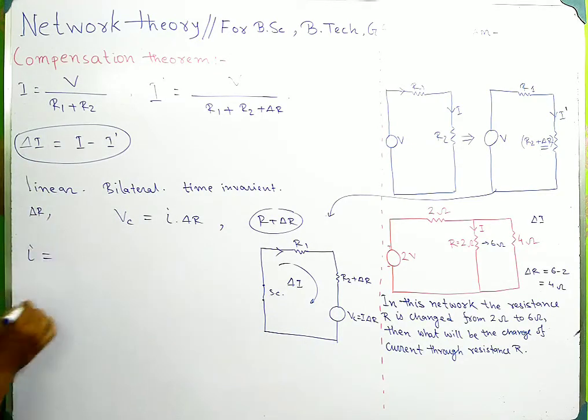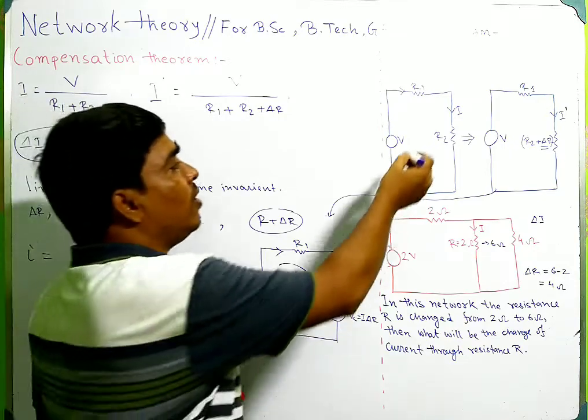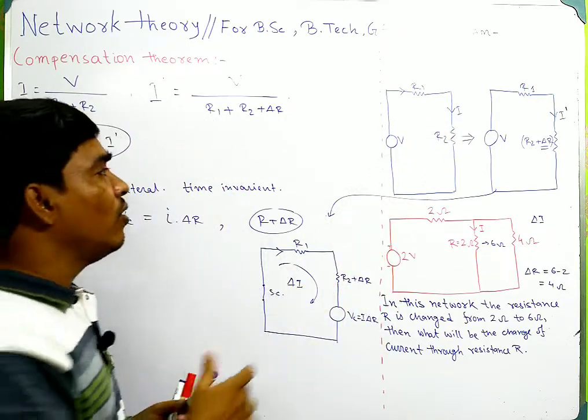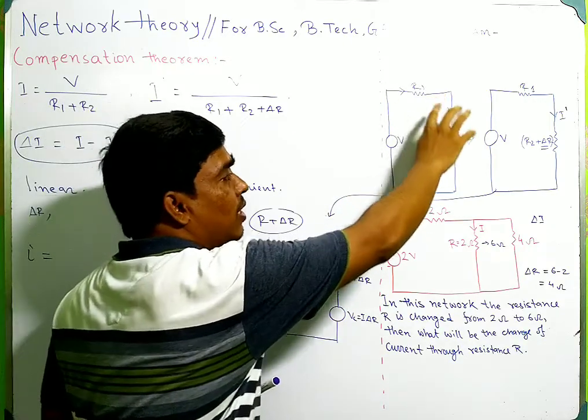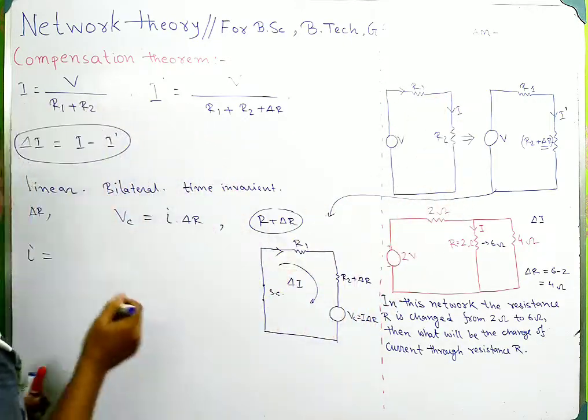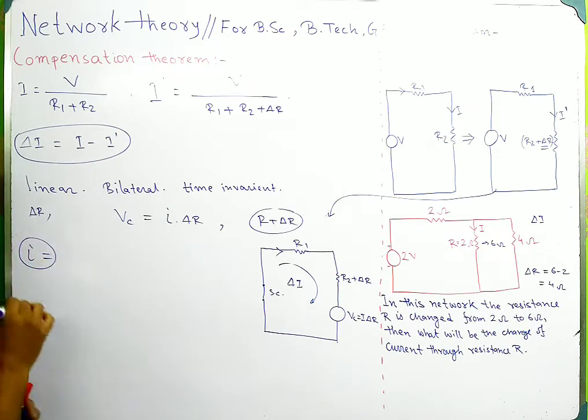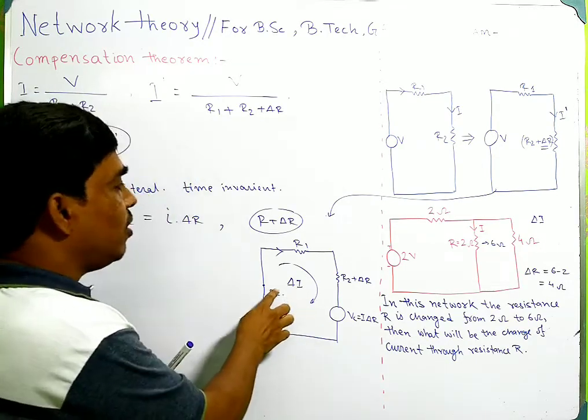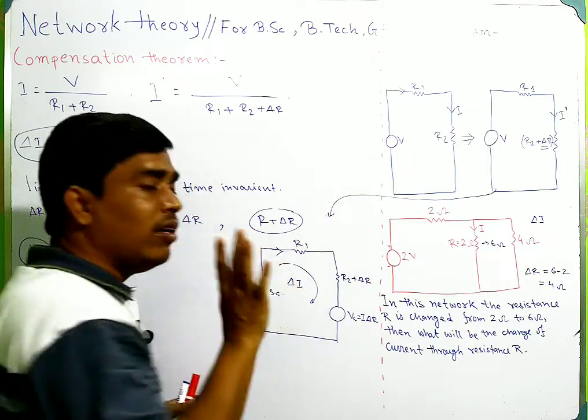I is the current when the resistance is not changed. At this condition this is the current. And to calculate this change in current, the voltage source must be short circuited.